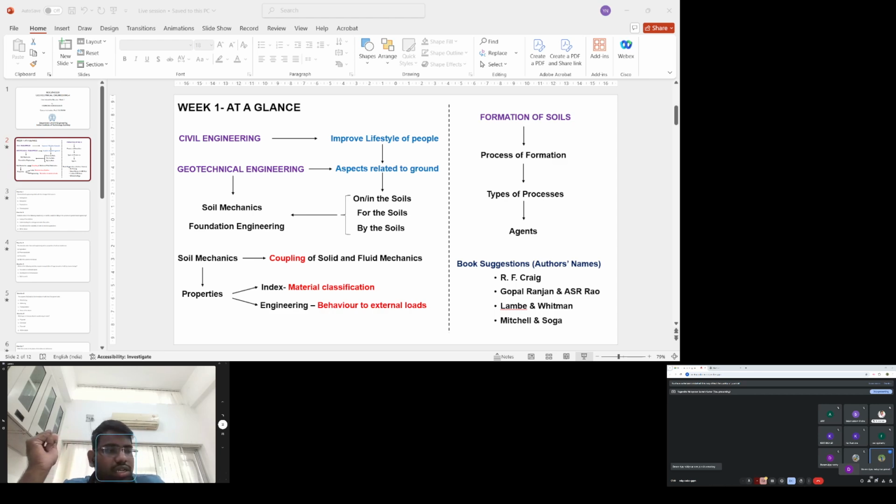And these four books will give you a fair idea of concepts in soil mechanics as well as in foundation engineering: Gopal Ranjan and A.S.R. Rao, Basic Soil Mechanics, Soil Mechanics by Lambe and Whitman, and one more book by Mitchell and Soga. You can note down these book suggestions.